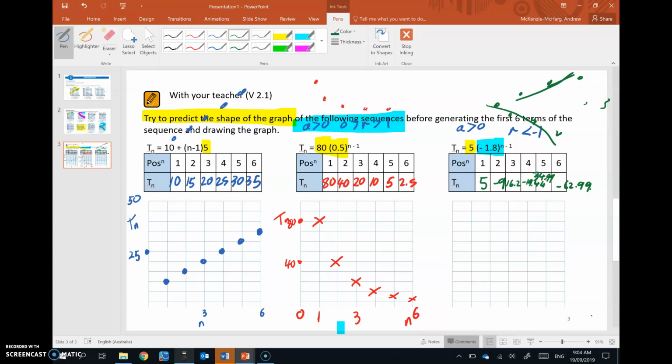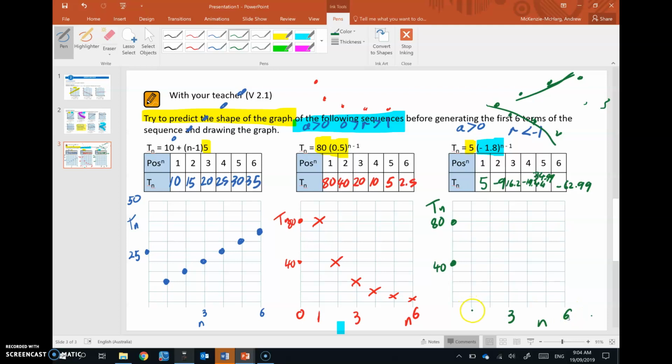That's what it'll certainly look like on the graph anyway. Okay, so we've got to go up to about, say, above 62.99, so maybe 70. Probably this scale here is appropriate. It's nearly up at that sort of number, so we'll do that. 40 and 80. This is our Tn. Here is our n number of terms, 3, 6, there and there.